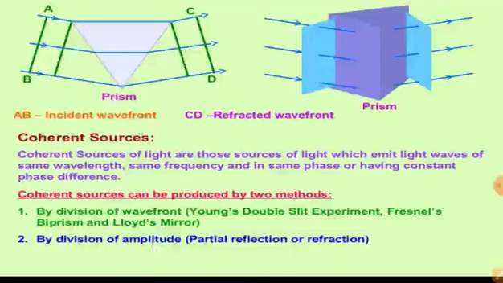That is the meaning. So a constant phase difference or a phase difference equal to 0 can be obtained from a single source only. That process of producing two coherent sources from a single source can be done by these two methods.